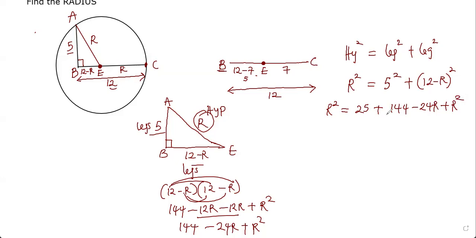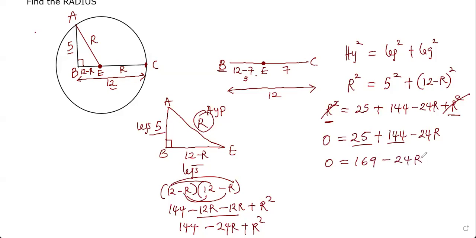And if you take this R squared to the left hand side, you see they will cancel out. So we are left with 0 is equal to 25 plus 144 minus 24R. And when you sum these two, what do you get? That will give us 169 minus 24R, right?